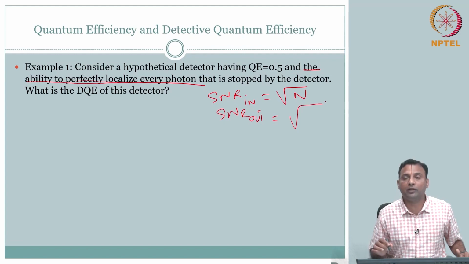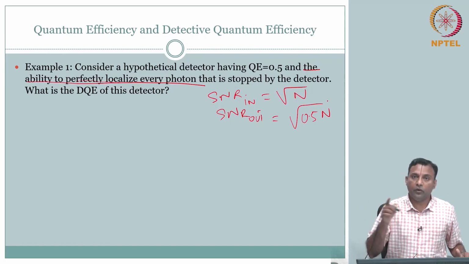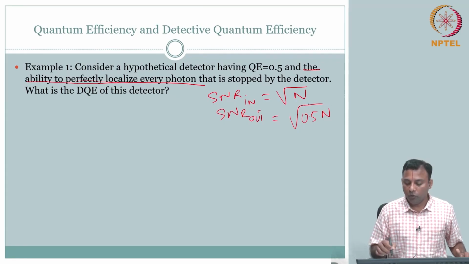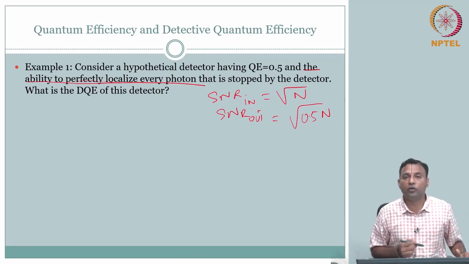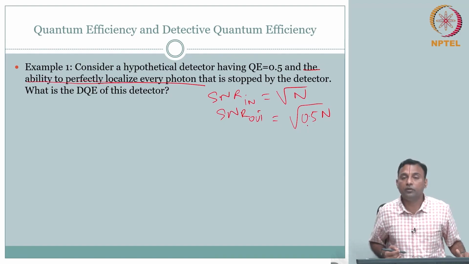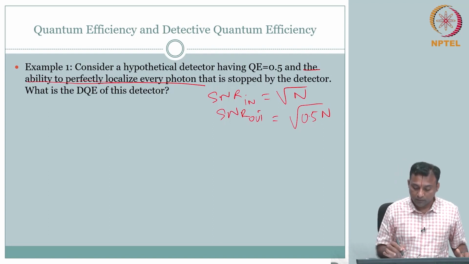What is the average number of photons? It's going to be 0.5n, because of the quantum efficiency. If one photon comes in, you are going to get 50% out. Since we are given that it perfectly localizes every photon, your SNR out is the square root of 0.5n.